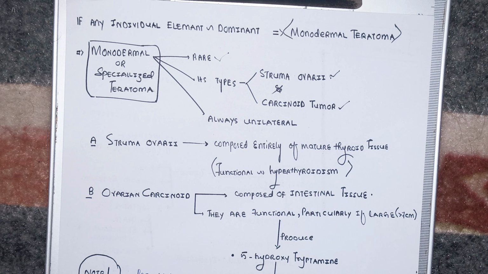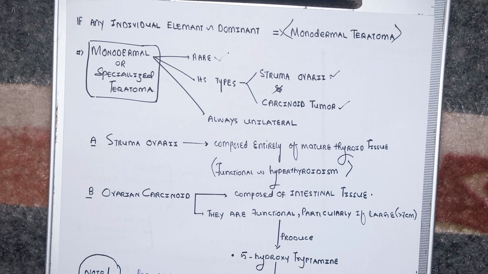One of the types of the monodermal teratoma is struma ovarii, where what tissue is predominating? Thyroid tissue. Okay, and it may be active, it may be producing some thyroid hormones, so it can be functional, so it can lead to hyperthyroidism as well. Don't take it non-seriously. It is really an important condition because there is some thyroid tissue, even it can produce some thyroid hormones, leading to hyperthyroidism.